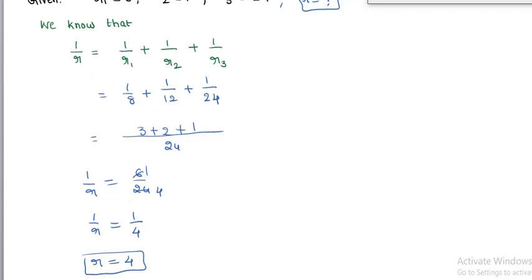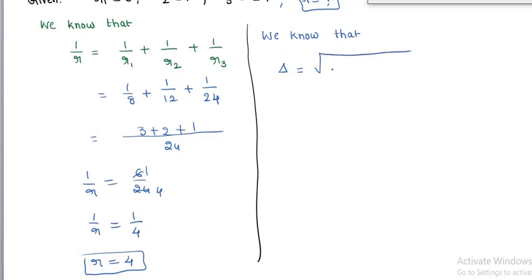So next you have to find out R1. So next you first find delta. Same formula. We know that delta is equal to square root of R into R1 into R2 into R3. Substitute the values. Square root of R value 4, 8, 12, 24.